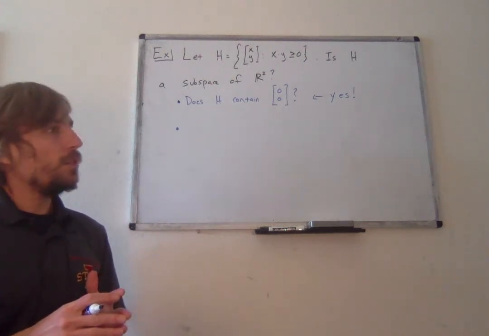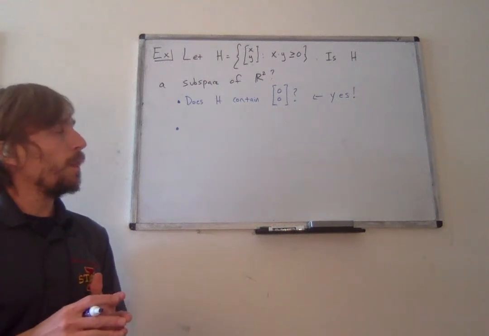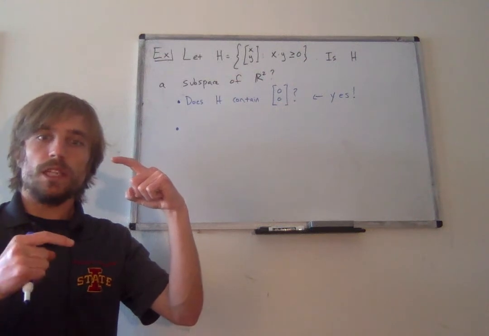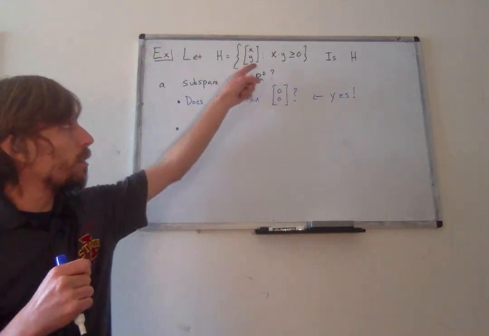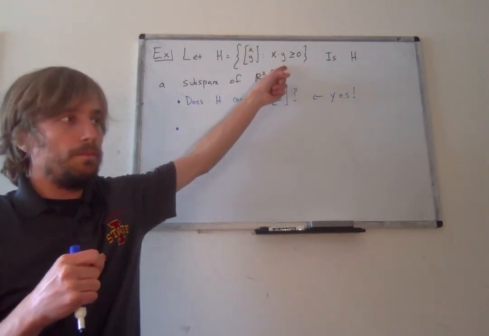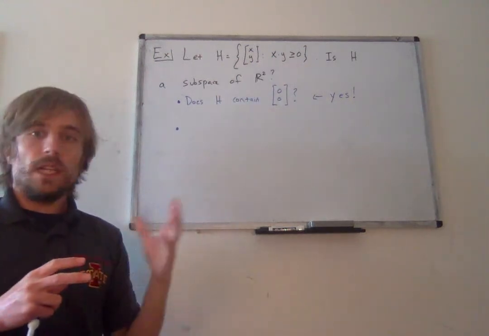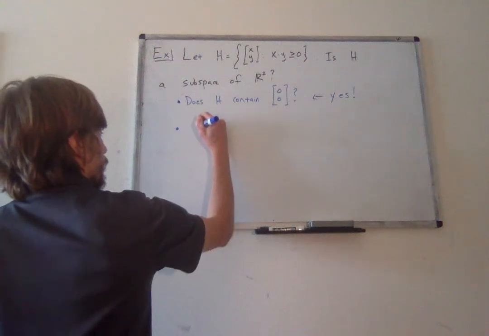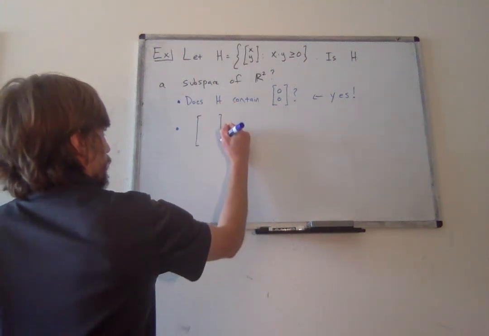Well, so certainly, right, I want some vector where the x term is negative and the y term is positive, right? Because that will break this requirement. I'm allowed to have both negative and both positive. So what if I had something like this?